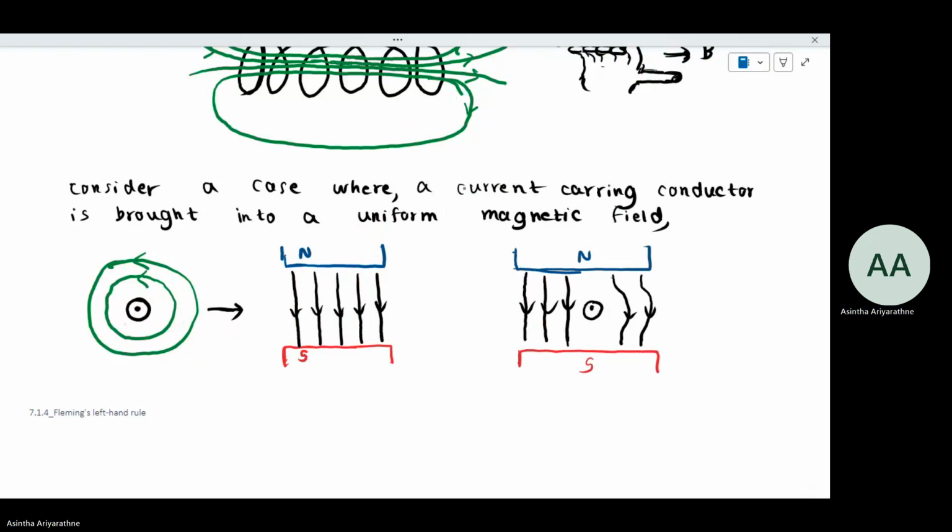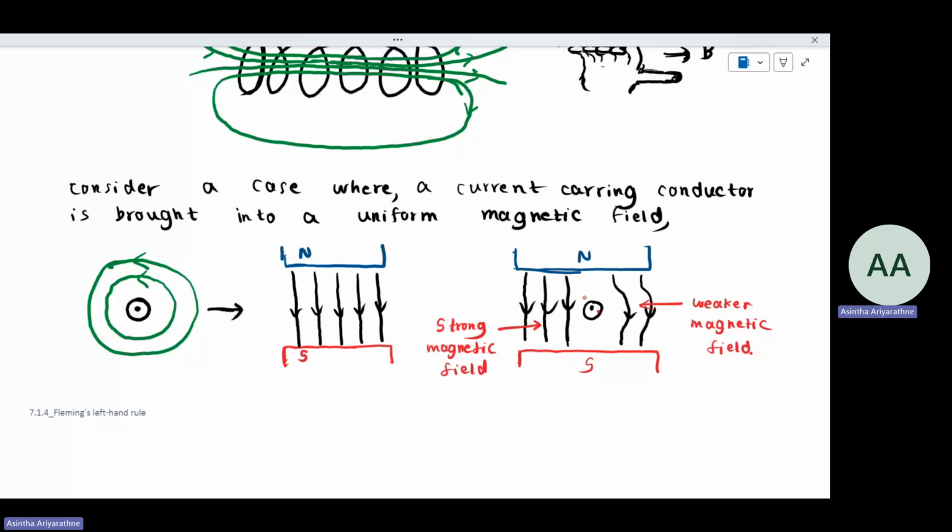So here the magnetic field is stronger, and here the magnetic field is weaker. So what would happen?